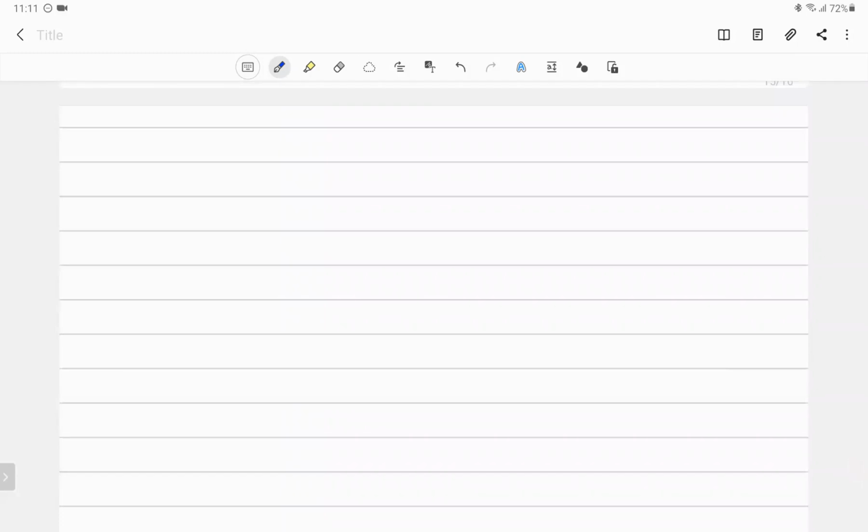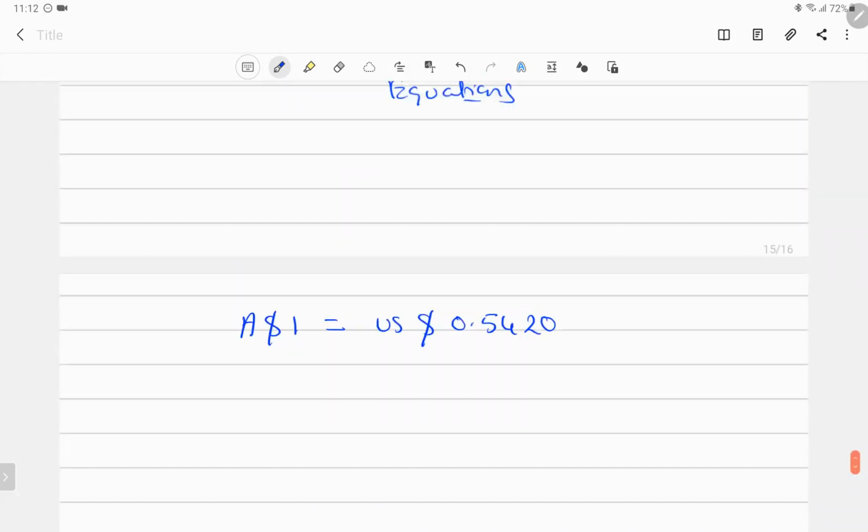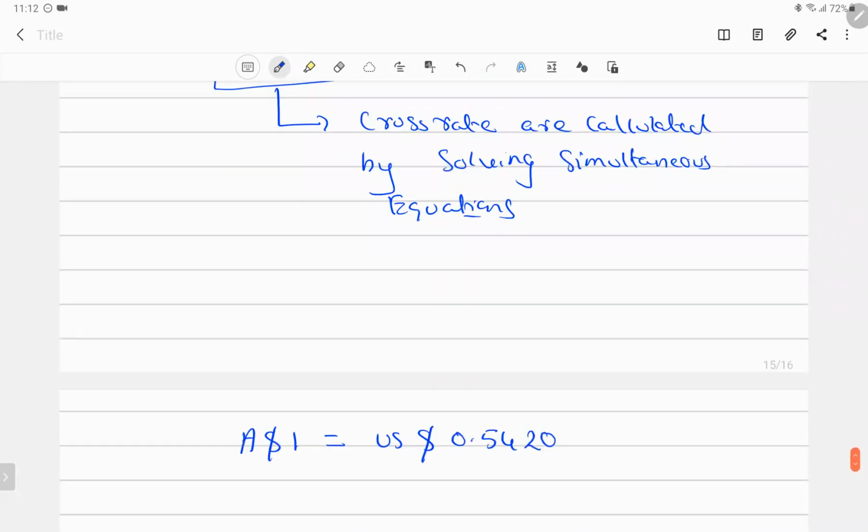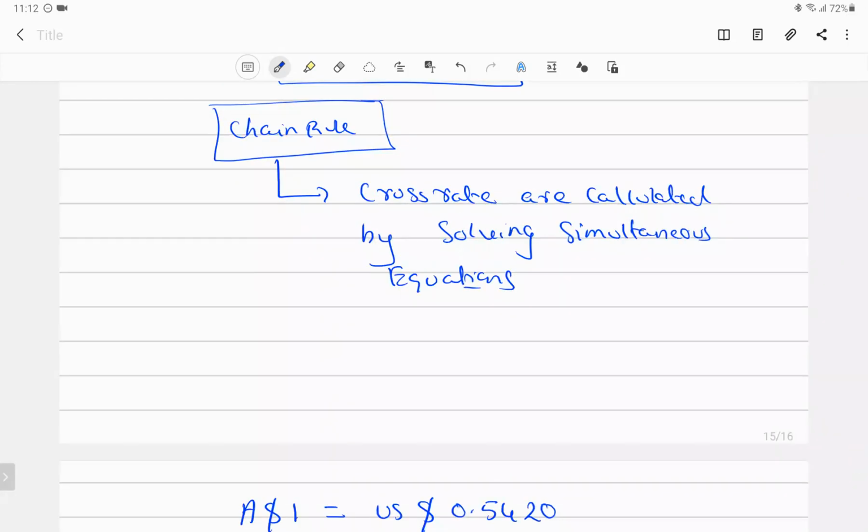Suppose we take one more example. Suppose there is an Australian dollar. One Australian dollar is equal to US dollar 0.5420. The reason I'm teaching this now is that when we get into financial derivatives, this can't be taught at that time because I have to put a lot of stress only on the derivative concepts.